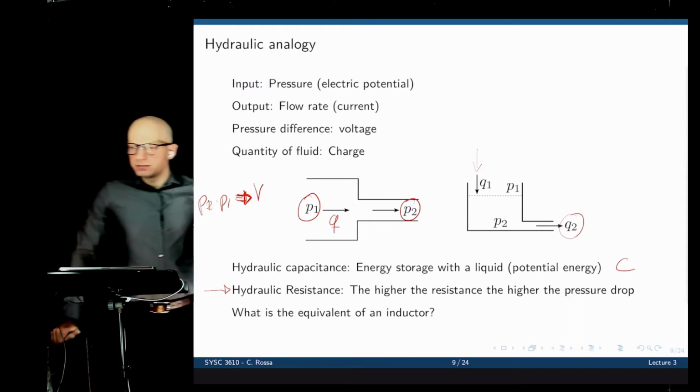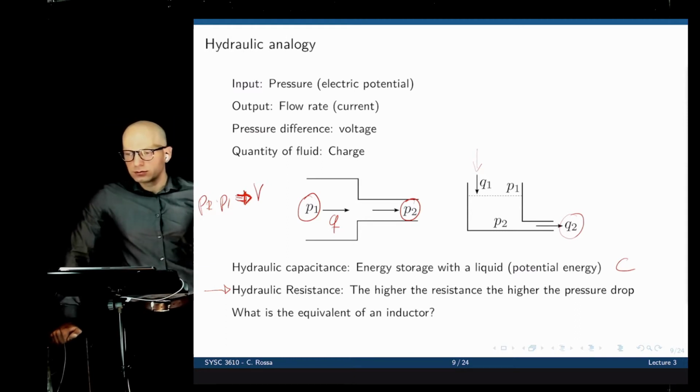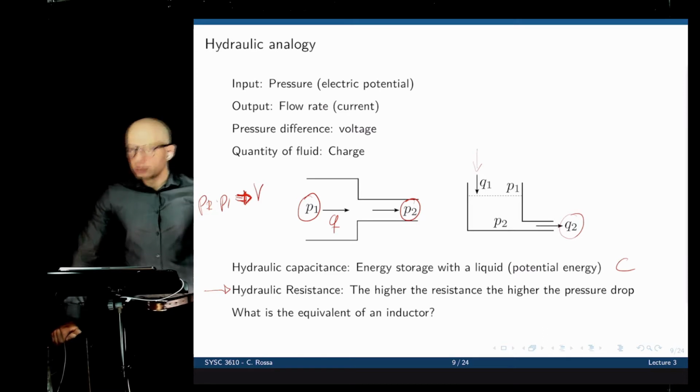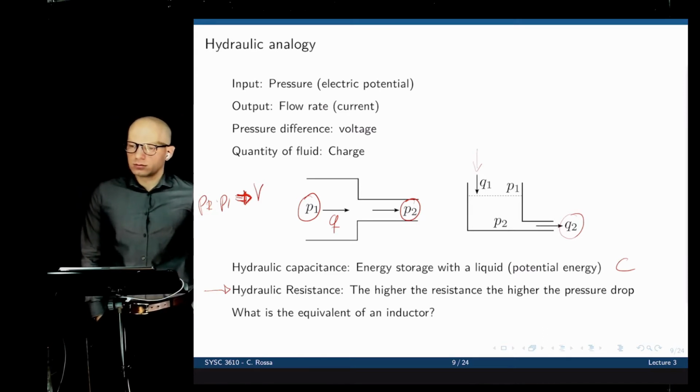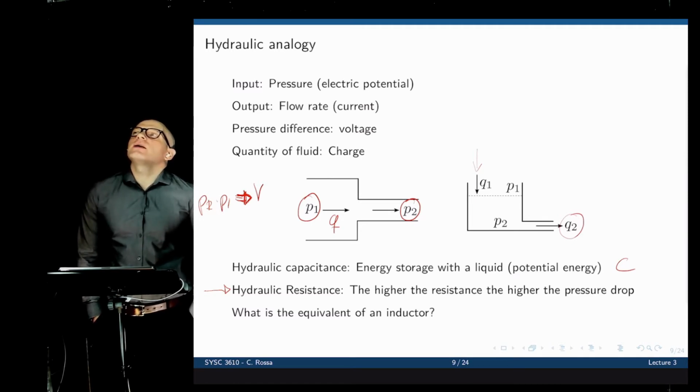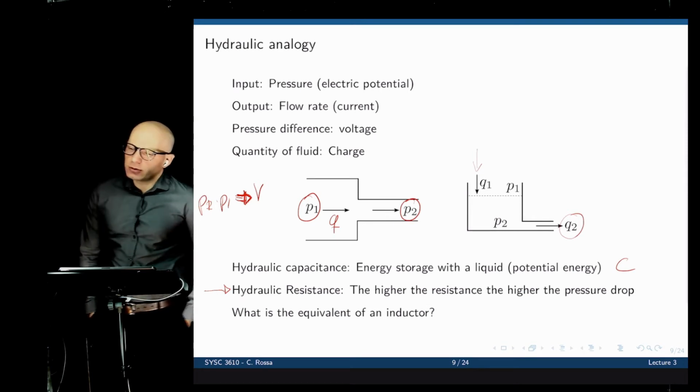Any ideas? For example, I think if the liquid is in a cylinder and the force applied to the piston would be equivalent to an inductor? The force applied to the piston, I think it would be more close to a pressure. Now you're inputting a pressure to the system.